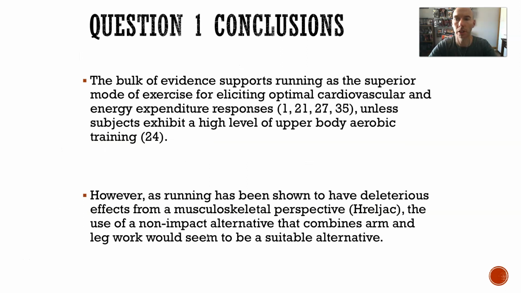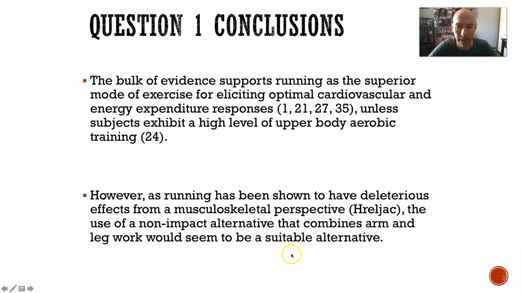So what were the conclusions regarding the mode? Most of the evidence does support that running is the best option. However, we were looking at trying to find an option other than running. So there wasn't a super clear answer.